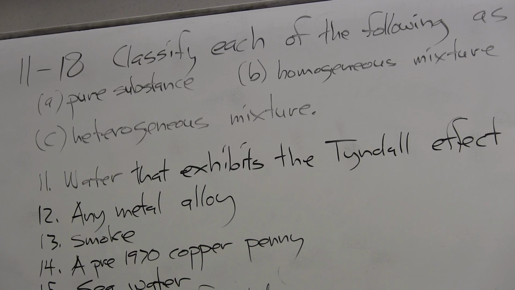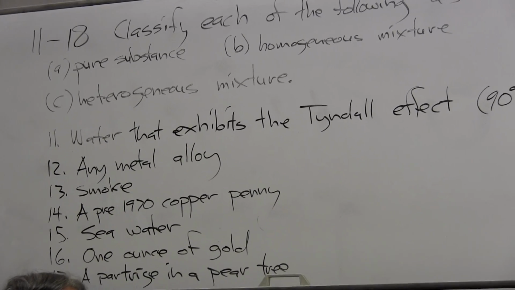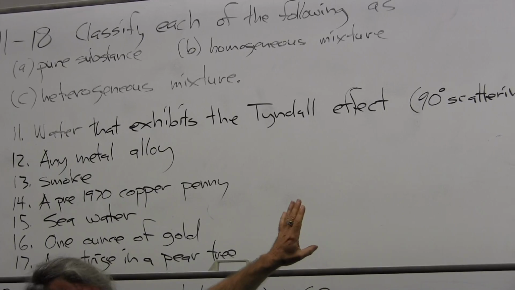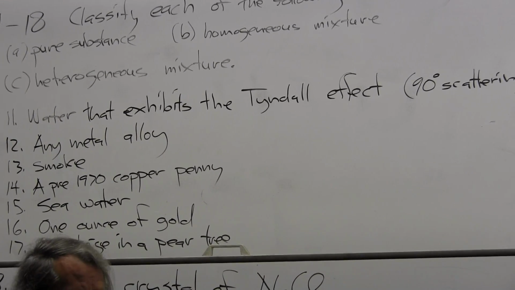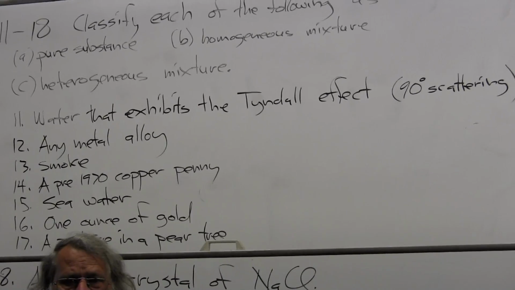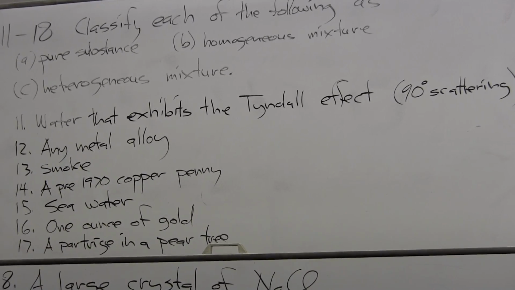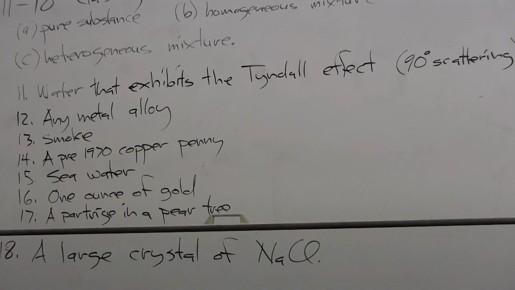mixture. And the first one is water that exhibits the Tyndall effect. And I'm qualifying that a little more by calling it 90-degree scattering. And that is the angle that the white light gets scattered. And so I should probably also qualify it as red light is scattered.